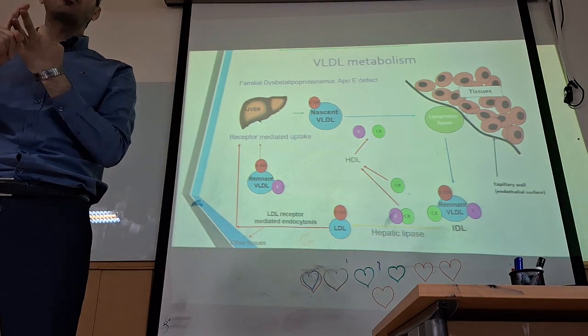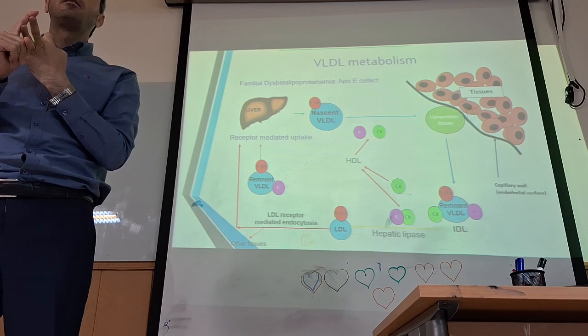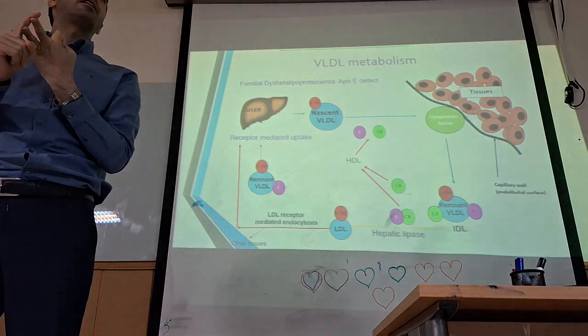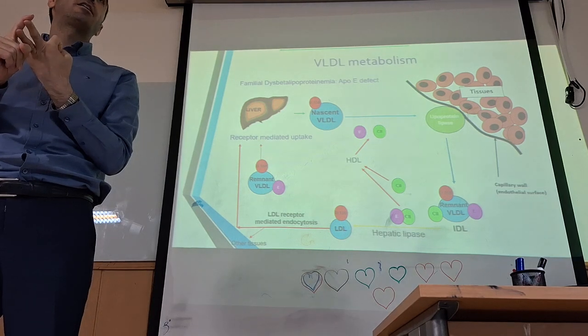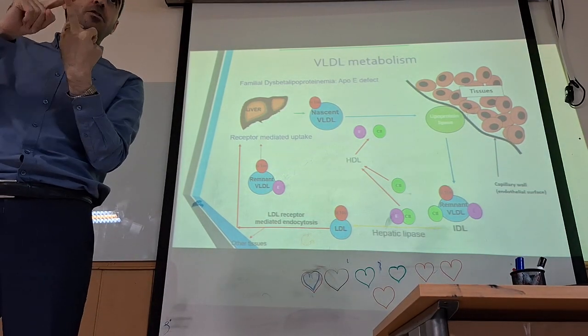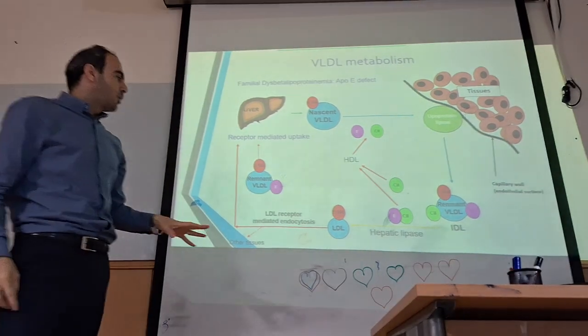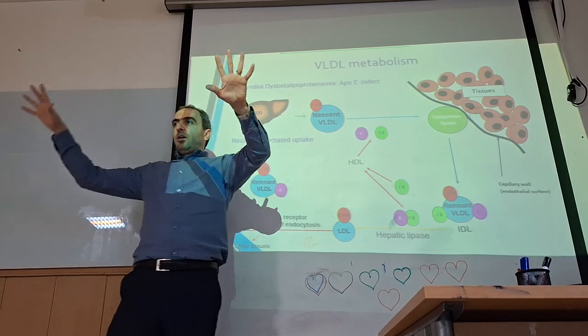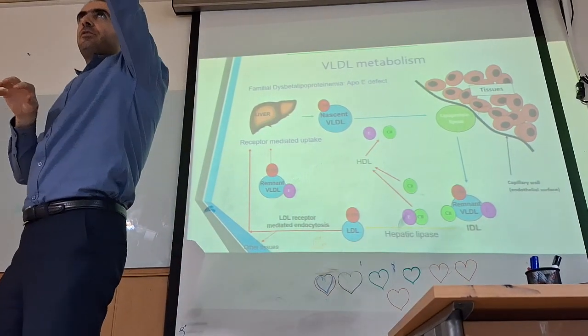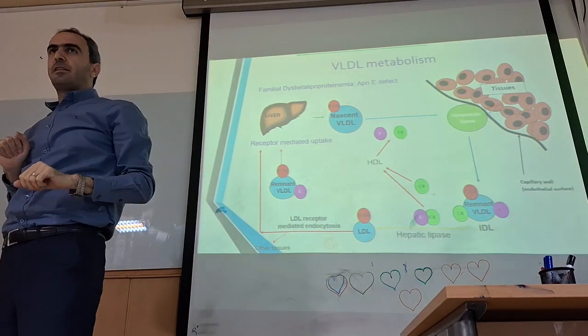The source of production of LDL is VLDL or IDL. It's not the intestine, it's not the liver. It's in the blood circulation, from VLDL or IDL. So IDL is transferred to the liver or converted to LDL.